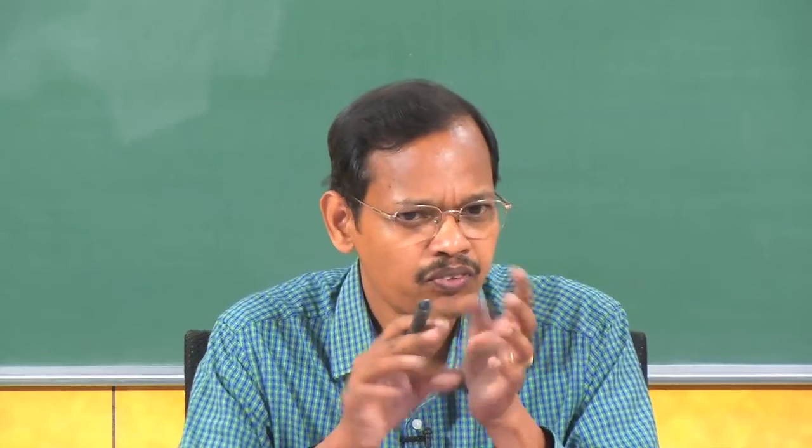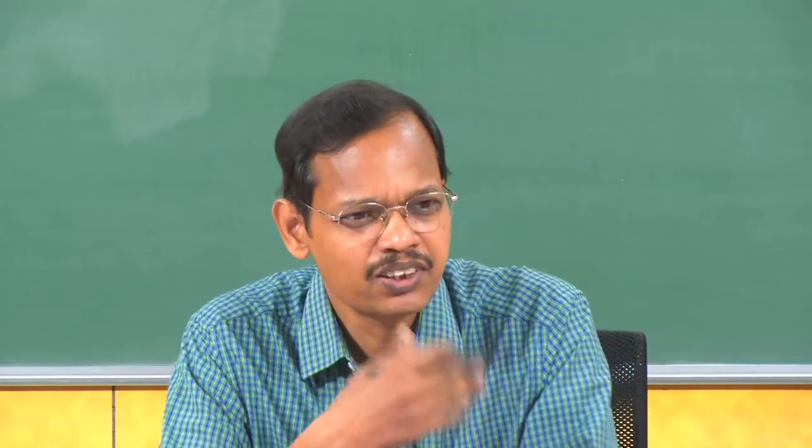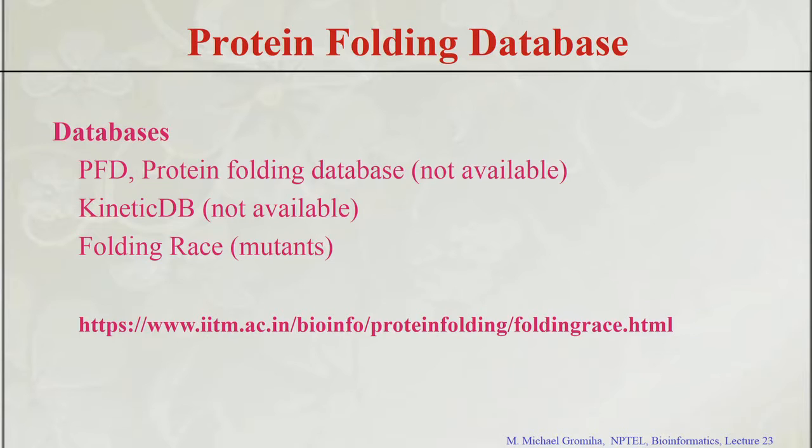Now, once we have the data, for doing the bioinformatics analysis we require a sufficient number of reliable data. So, it is very important to construct databases. On these aspects, first they started to develop a few databases. One is called the protein folding database. Another one, after a few years, they developed was KineticDB, but unfortunately both the databases are not available at the moment.